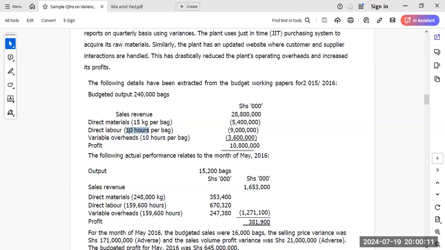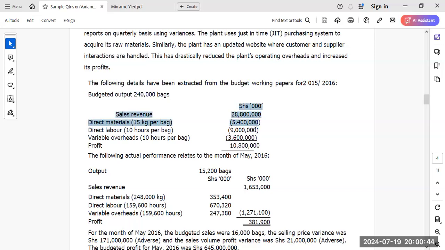Actually, the time for direct labor, the budgeted one, is already the same as for variable, even if it is not given. And if you want to know the budgeted price in terms of direct materials, you get this figure, then you divide by the number of bags.